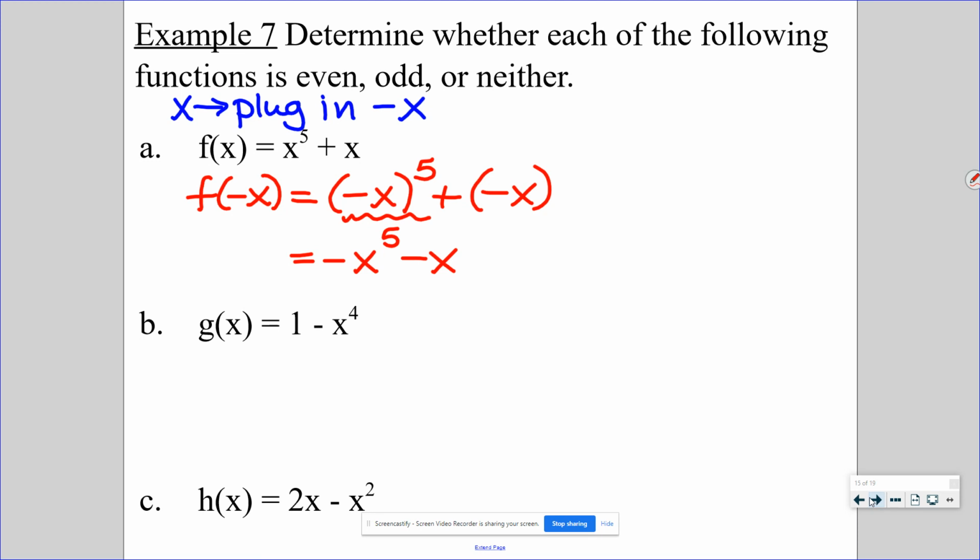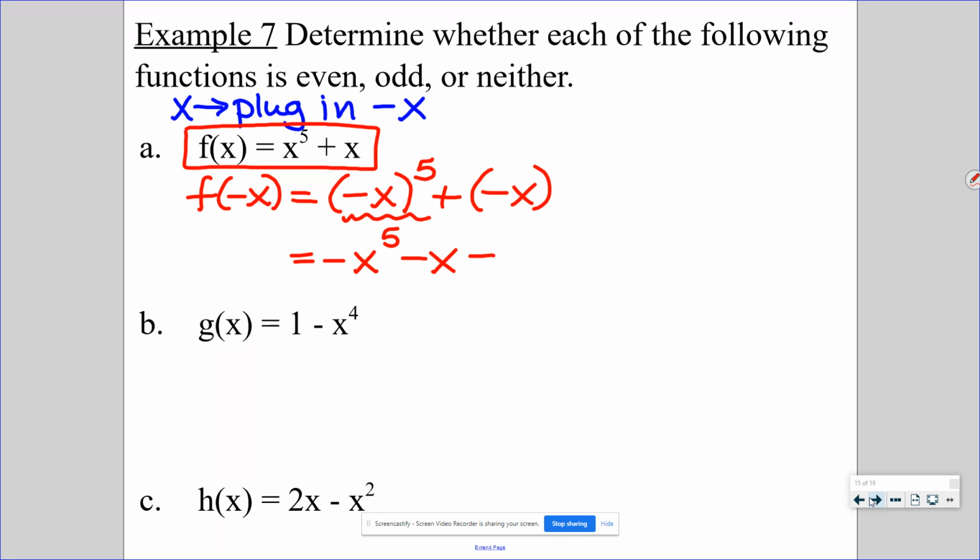And then the last step is going to be to see, did the signs change or did they not? If the signs don't change from your original function, then you have an even function, because that would mean your y values are equal. If all your signs change, that would mean you have an odd function because all the signs have flipped.